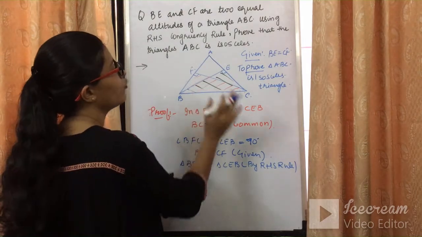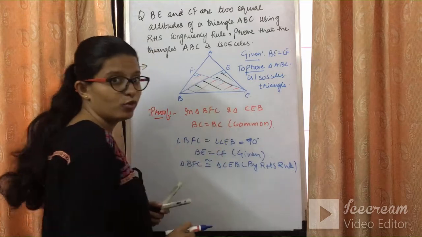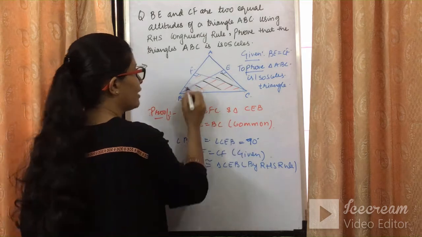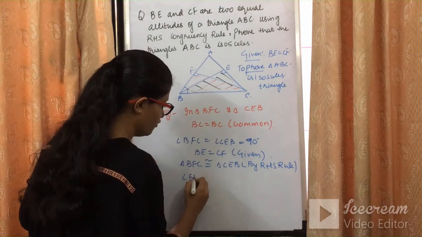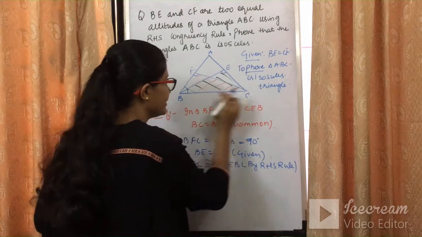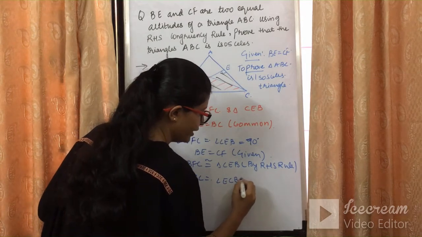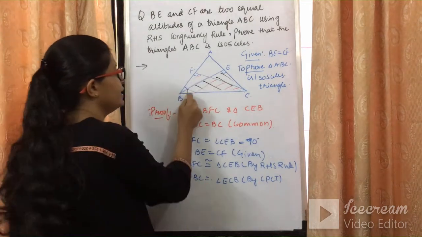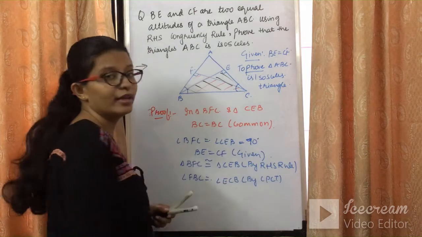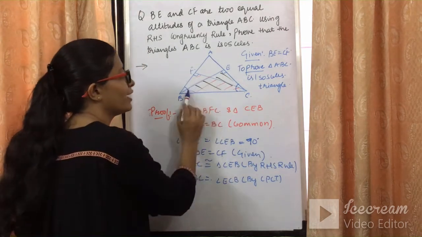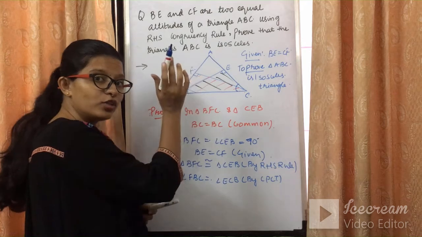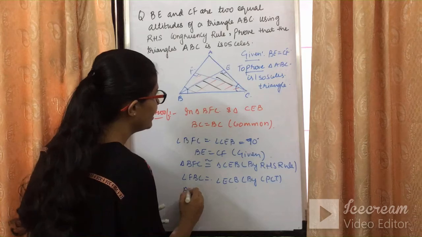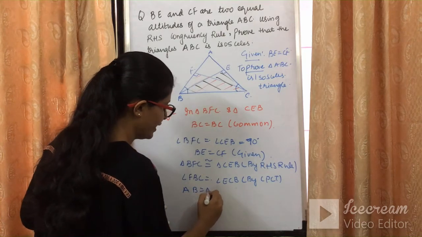Now isosceles triangle prove करना है. क्या मैं ये बोल सकती हूँ, angle FBC is equals to angle ECB by CPCT. So by CPCT these two angles will be equal. And we know by the theorem, if these two angles are equal, the sides opposite to the equal angles are equal. So we can say that AB will be equal to AC.